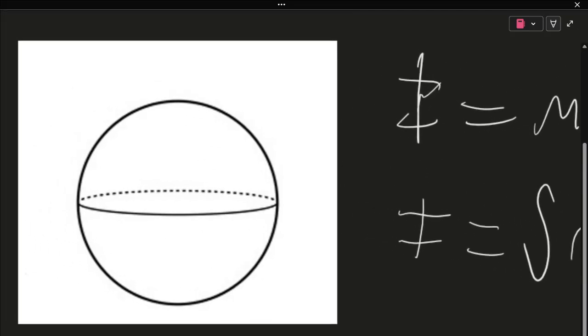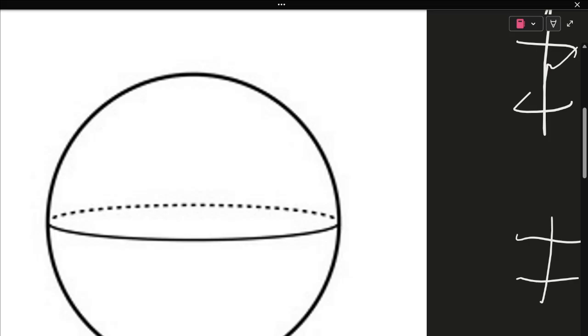Well, first of all, let's think about where we place this axis of rotation through a sphere and how it's going to affect the moment of inertia. By thinking about symmetry, we can determine that the moment of inertia of a sphere, as long as the axis is placed through the center of mass, the center point of the sphere, is going to remain the same.